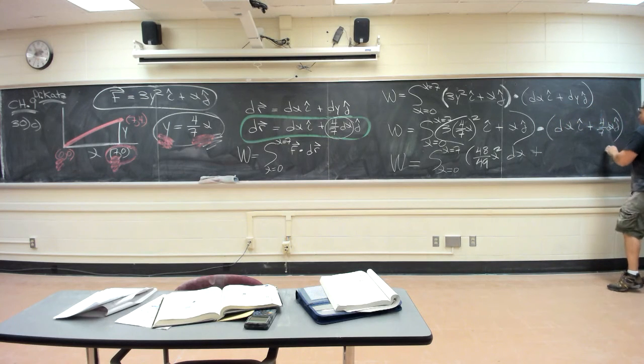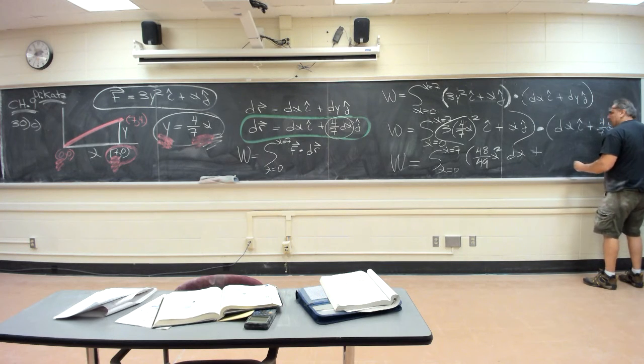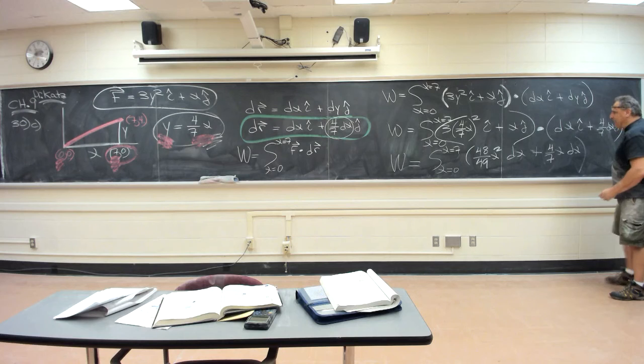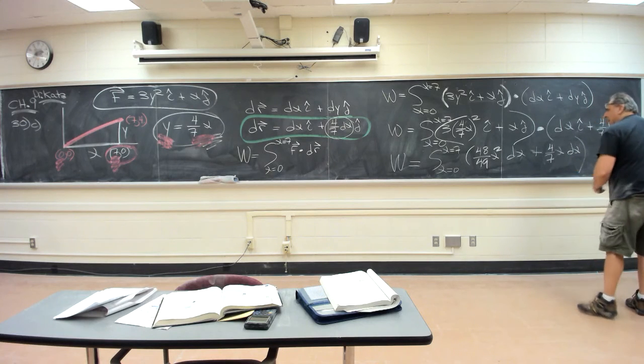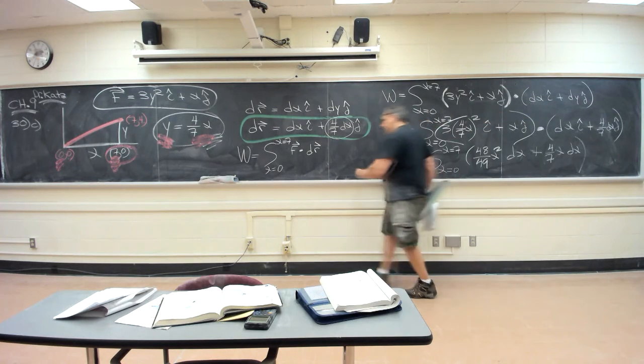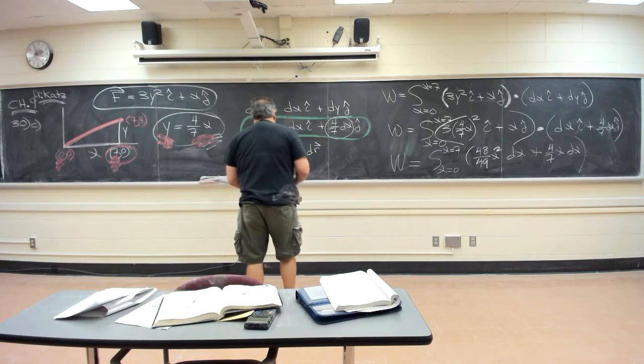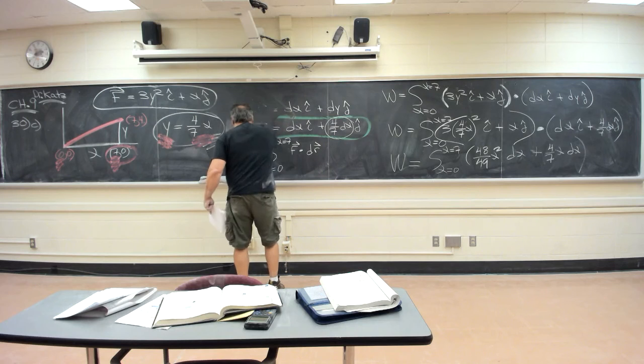And go over here. 4/7 times x dx. Oh, yeah, that's okay. You just factor the dx out of there, you guys. And let me just do that. There's a lot of stuff here you don't want to erase, but you got to erase some of it.